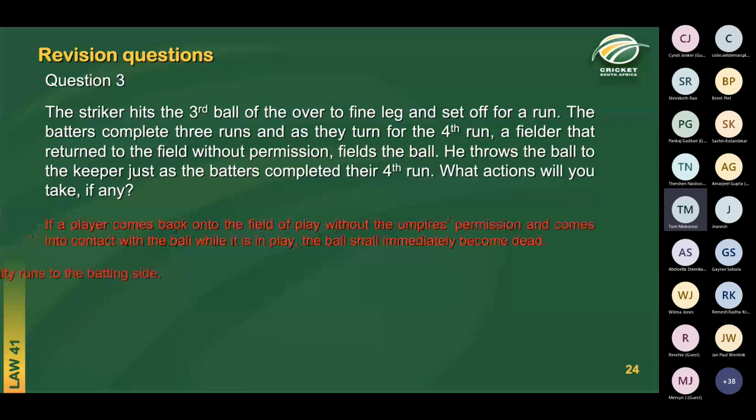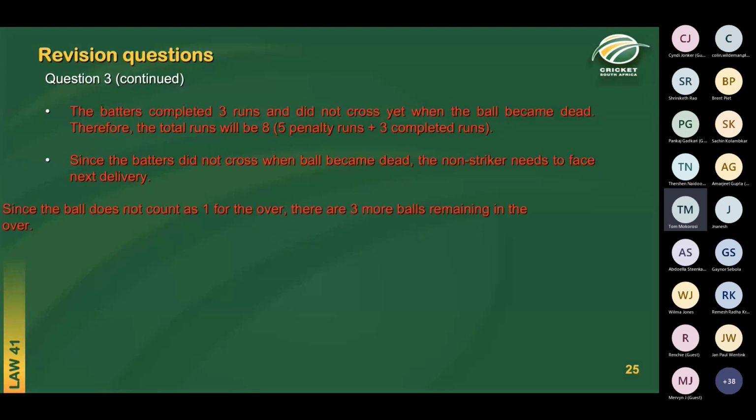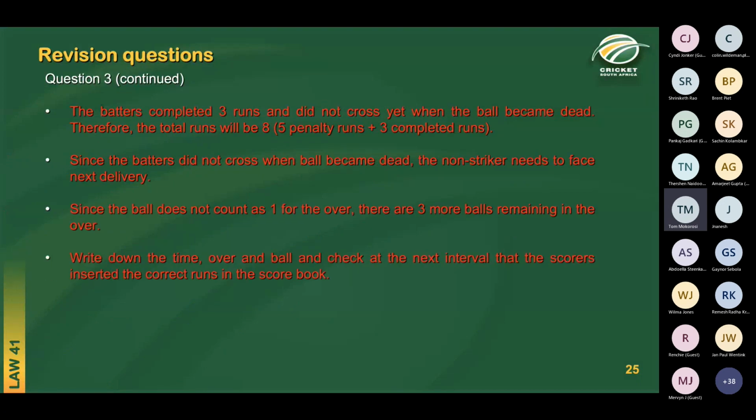Just want to make sure that we covered everything by putting back up the last bits of the memorandum. So the batters completed 3 runs and did not cross yet when the ball became dead. Therefore, the total runs will be 8, 5 for the penalty runs and 3 for the completed runs.